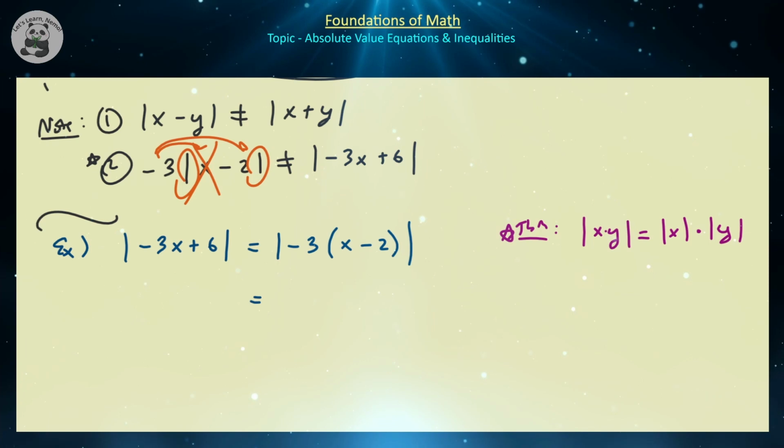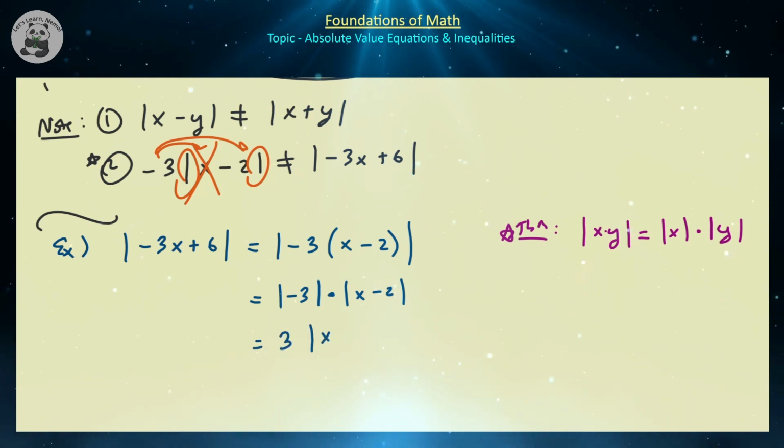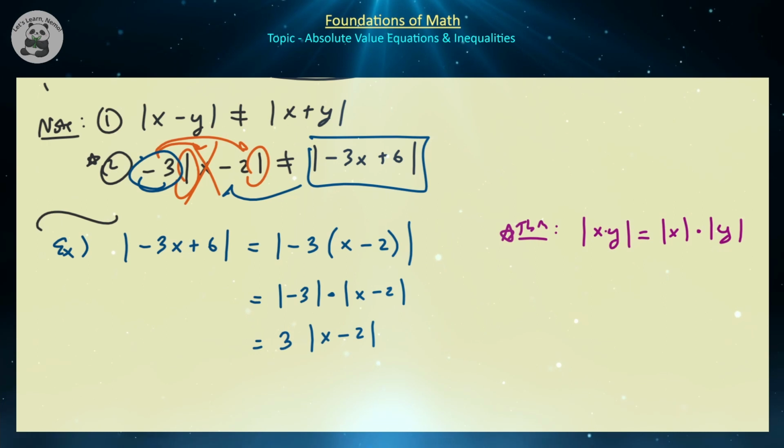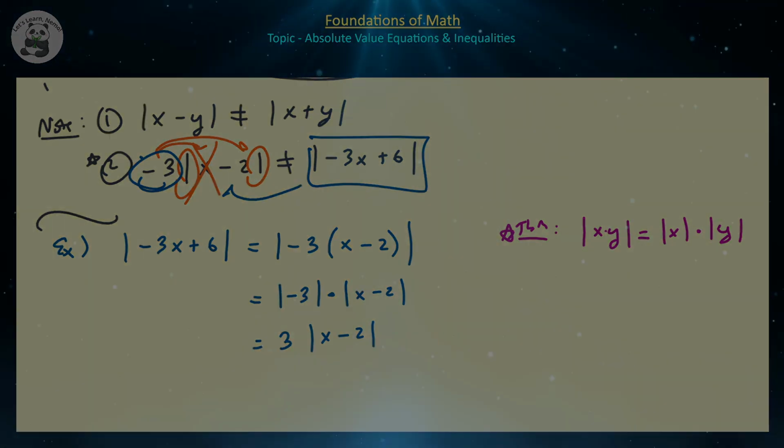So that means this is actually equal to the absolute value of minus 3 times the absolute value of x minus 2, which is the same thing as 3 times the absolute value of x minus 2. So notice that this thing is actually equal to the opposite of that coefficient, which is, generally speaking, quite different, right? So this is just some important things that you definitely should know when solving basic absolute value equations.